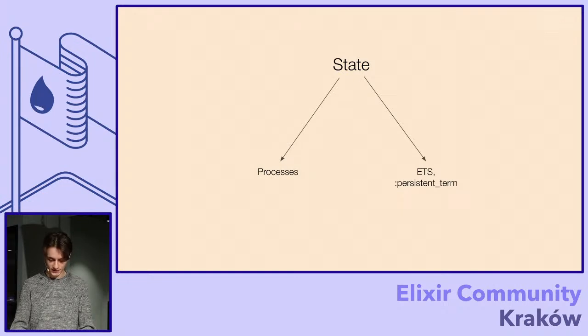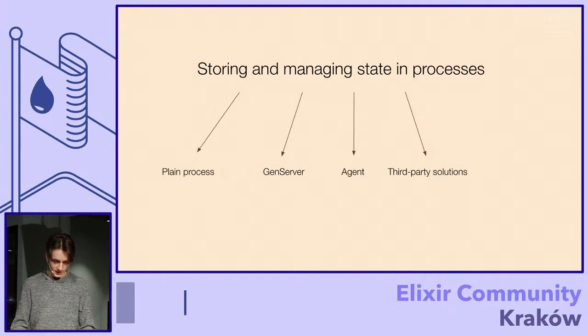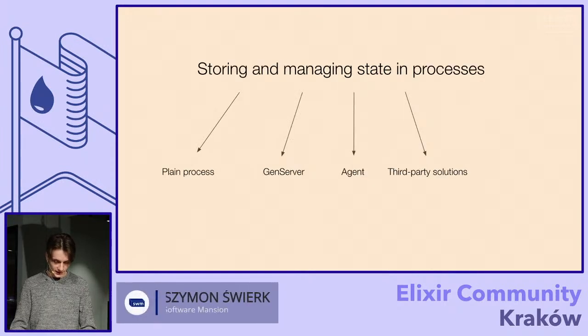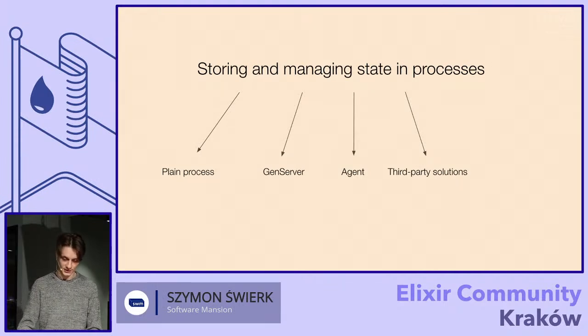But for this, you need to make sure that for the problem you're approaching, there won't be any race conditions when read and write operations are done concurrently. So for most cases, state inside of a process is the approach.